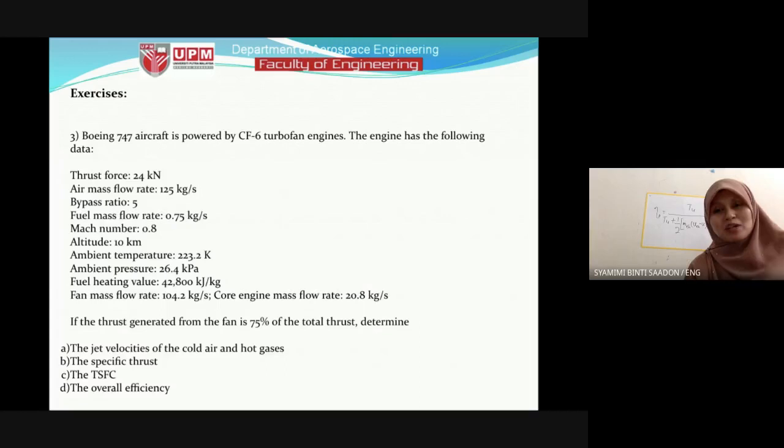But sometimes you also calculate the overall efficiency, which is propulsive multiplied with thermal. Thermal efficiency for a jet engine is mainly about the efficiency of the fuel, because that is where the combustion process occurs, where the thermal energy is produced.